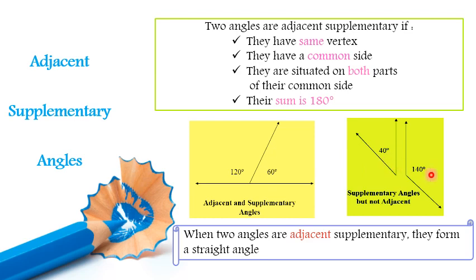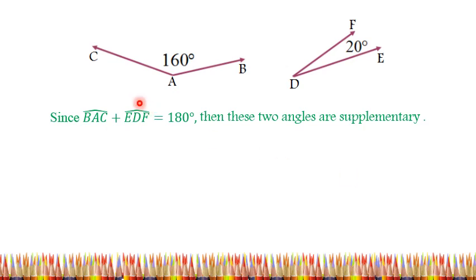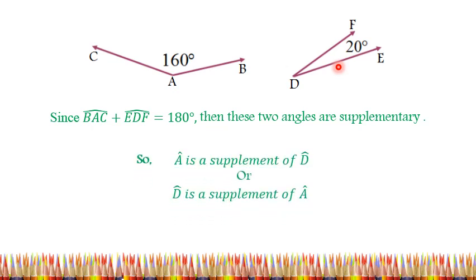Here 40 plus 140, yes, their sum is 180, so they are supplementary, but look, they don't have the same vertex, so they are not adjacent. Now here 160 and 20, if I add them together, I find their sum is 180, so CAB and FDE are called supplementary angles.